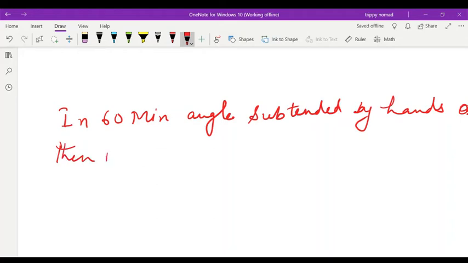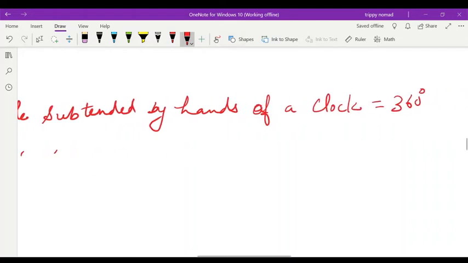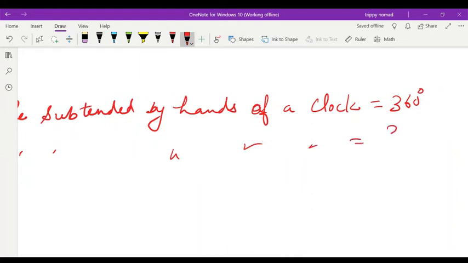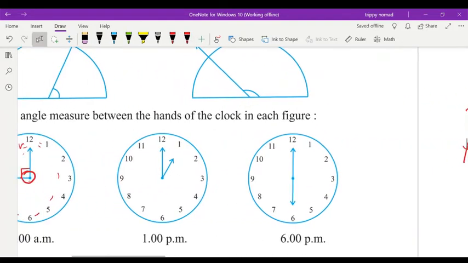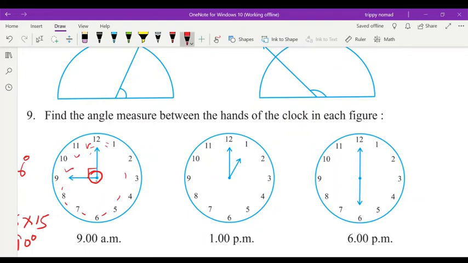Then in 1 minute, the angle subtended by the hands of a clock is 360 divided by 60, that is 6 degrees. But here how much? In 15 minutes they asked.